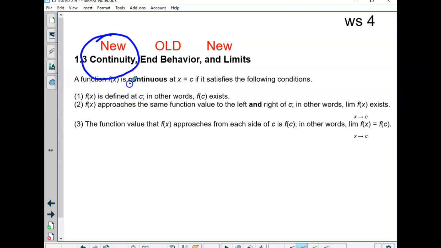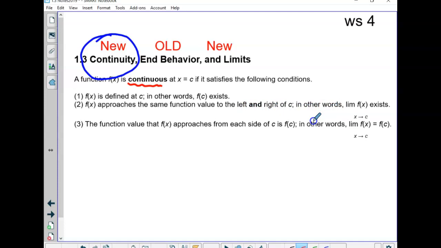All right, a function is said to be continuous at a value if it satisfies all the following conditions, okay? If it is defined at f of x, okay, it's defined at whatever that value is, if it exists, and it approaches the same value to the left and right of that value.